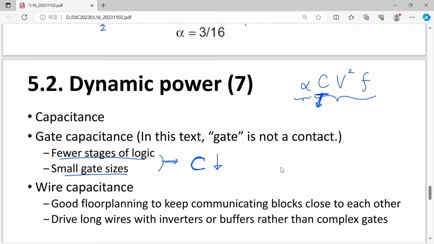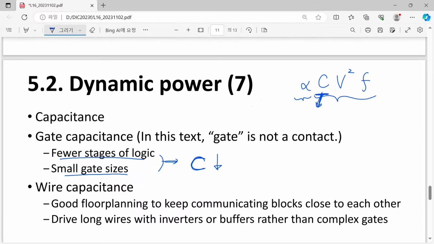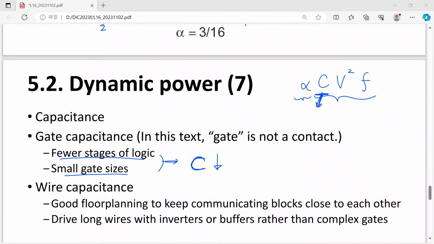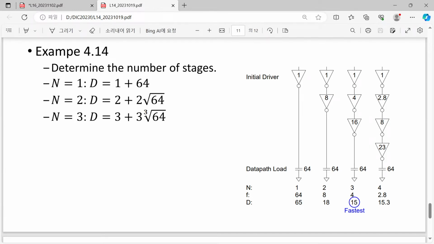Then what will happen? If you don't have any kind of inverter, any kind of transistor, then there will be no power consumption. So that is quite easy. So in order to reduce the power consumption, it is desirable to have a fewer number of transistors.